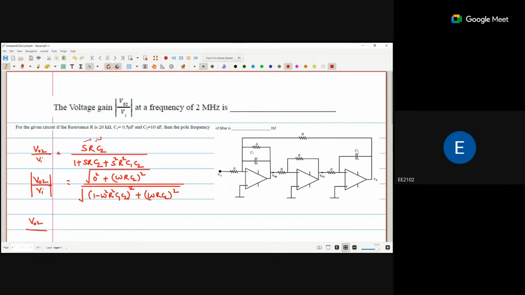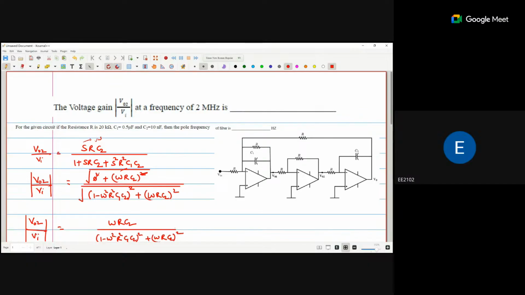Okay, so V naught 2 upon Vi mod is equal to, because of the zero, the square and square root will be cancelled out. So omega R C2 divided by 1 minus omega square R square C1 C2 whole square plus omega R C2 whole square.